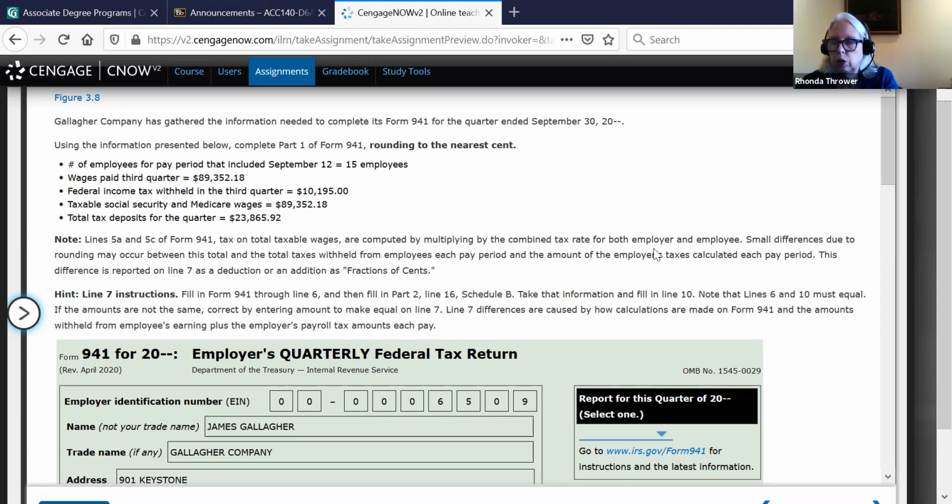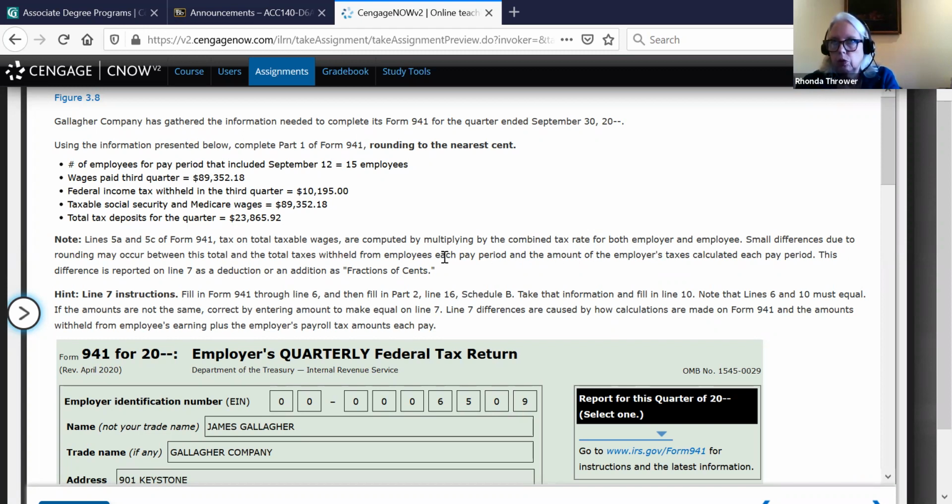For example, the OASDI is 6.2% that is withheld on the employee, and the employer has to contribute 6.2%. So to make things simpler, they added 6.2 plus 6.2 to get the total amount of 12.4% that would be reported on the 941 for this company's OASDI.